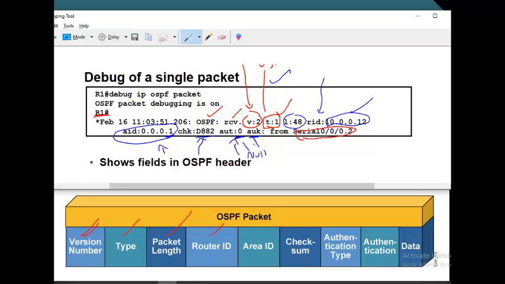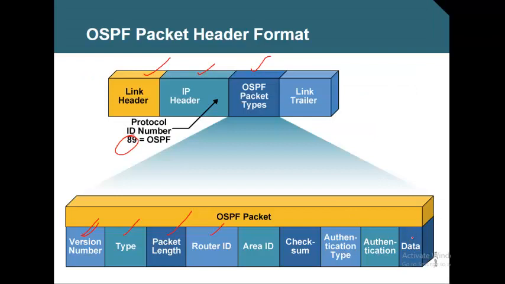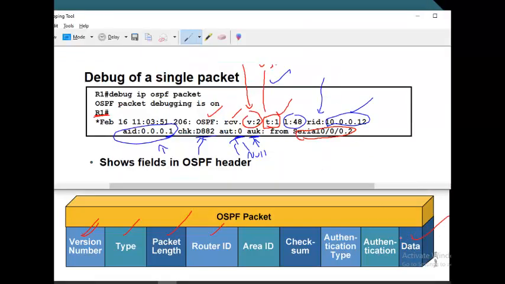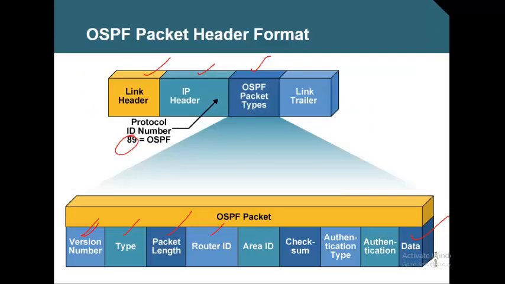And then the payload data. You don't see those things in debug, but if you capture a packet through Wireshark, you may see. So these are the fields that we will find.